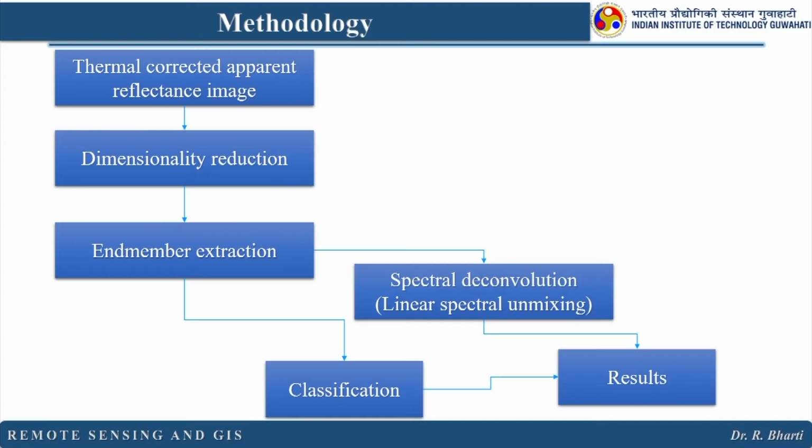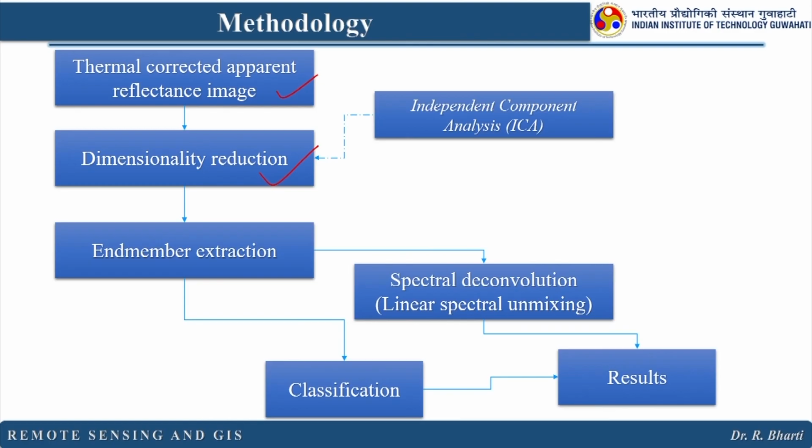So in this case, I have followed this particular methodology where the thermal corrected apparent reflectance image was used as input. Then dimensionality reduction was performed using ICA, that is independent component analysis. This is the advanced version of PCA, MNF, right.